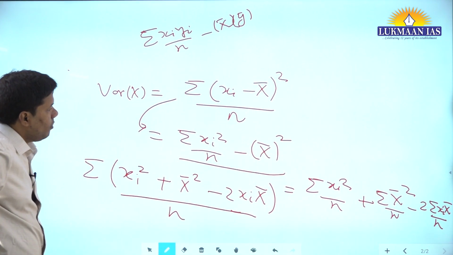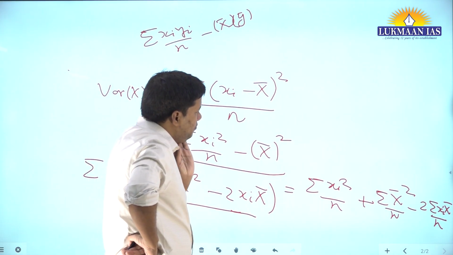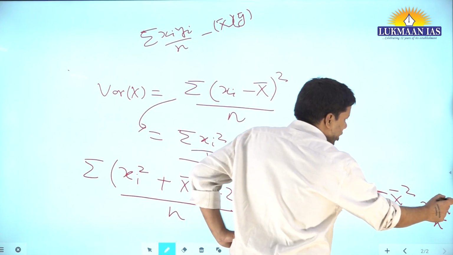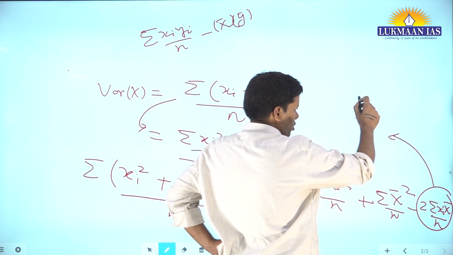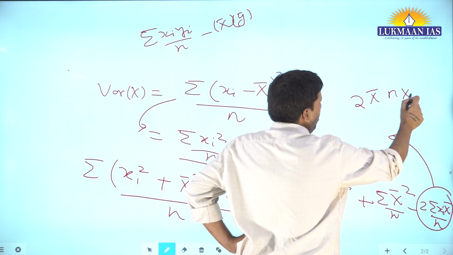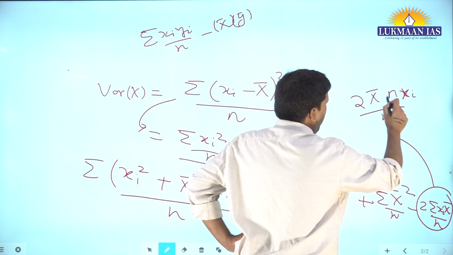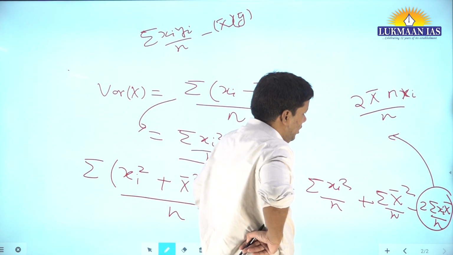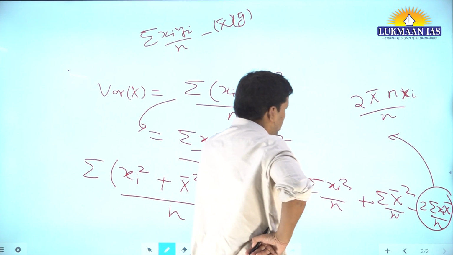Fine. Now what can you do with the xi? Remove the x bar also. Okay. So how can you write this term? You can write it 2 x bar n xi, this is small, right? Xi upon n. Okay, this is fine, right? You apply it for summation.